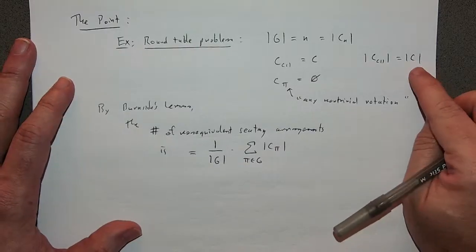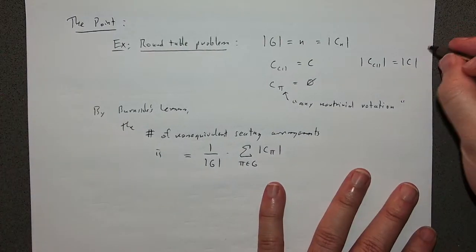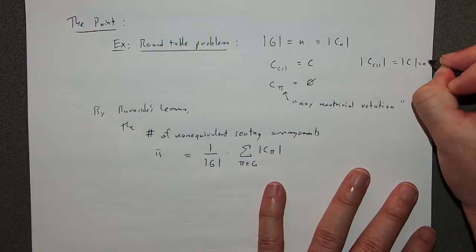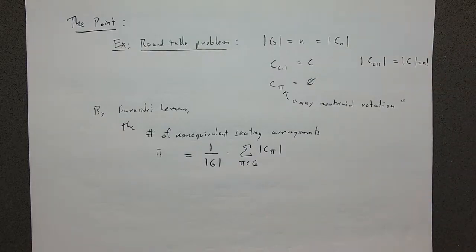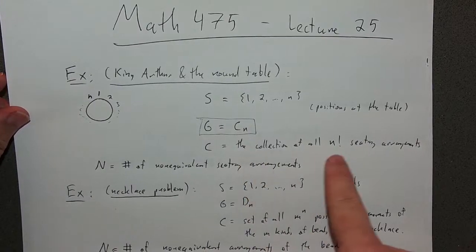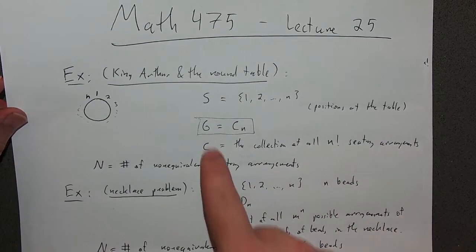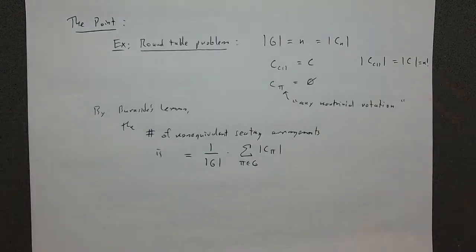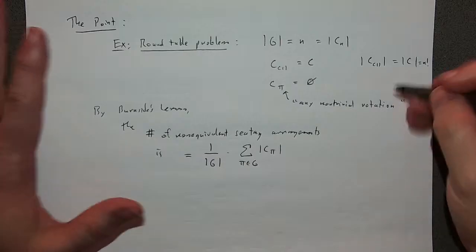The size of C is n factorial because it is the total number of seating arrangements. Remember when we restated these problems, first thing we did today, C is the collection of all n factorial seating arrangements. So that's n factorial.